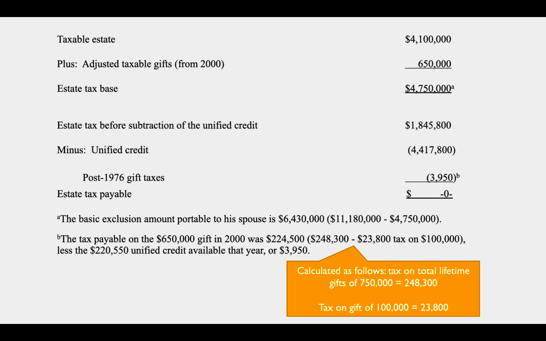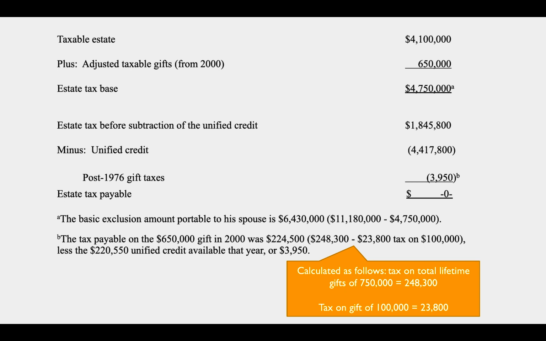So the tax payable on the $650,000 gift in 2000 was $224,500. In this text box that I added, you can see it's calculated as follows. Remember, back in the last chapter, we calculated gift tax by looking at total lifetime gifts.